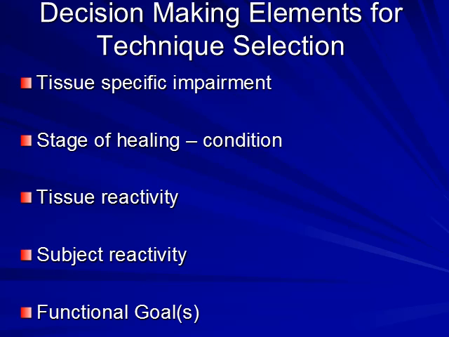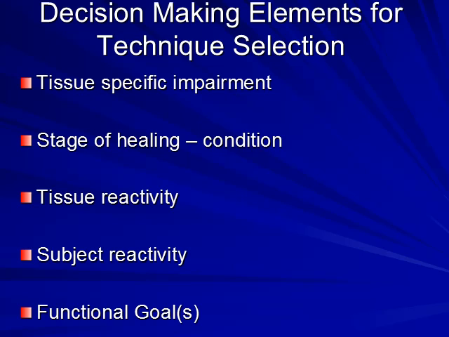Let's move on to decision-making elements for treatment selection. These are things you're going to learn about today. Tissue-specific impairments. Now, tissue-specific impairments are different from impairments. And out there in the real world, a lot of times you will be able to get by with just an impairment.